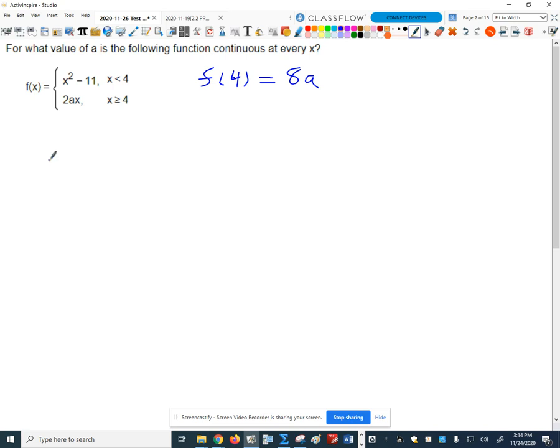So the limit from the left as x approaches 4 from the left, that's going to be up here in the top part of the function, right? That's going to be equal to the limit of x squared minus 11 as x approaches 4 from the left. Okay? We can evaluate that directly, and we just get 16 minus 11 is 5.